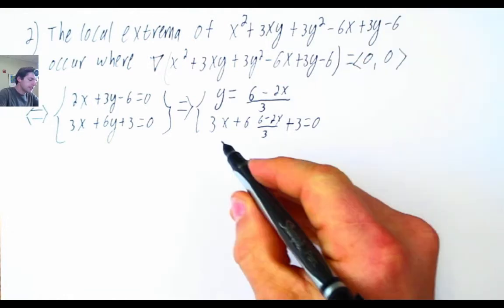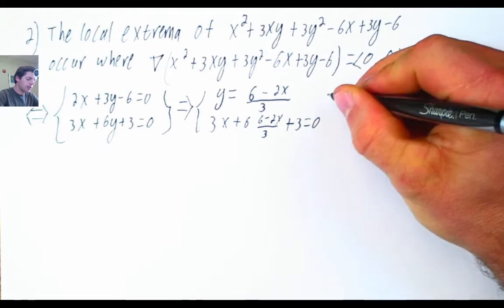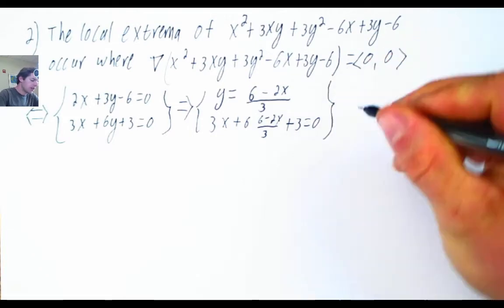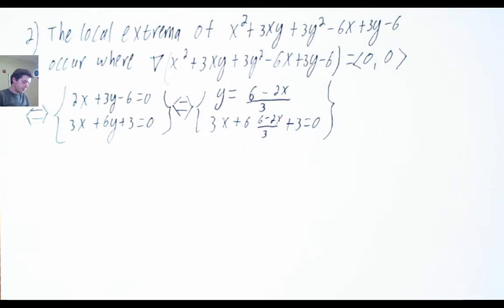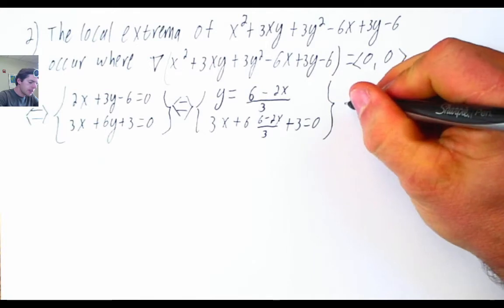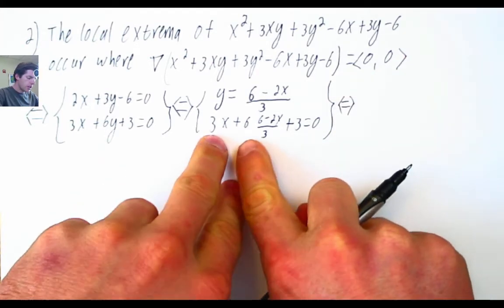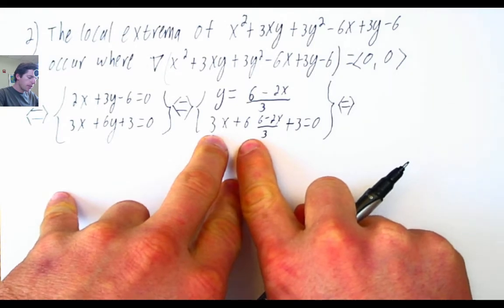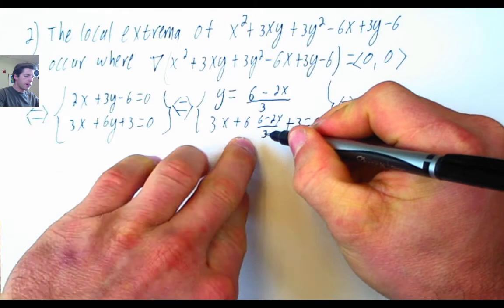Okay. Then next, since the second equation only contains x, what I would like to do is collect all of the x's. That is equivalent to the following. Now that second equation: can I do this all in my head? I've got 3 x's. How many x's are over here? So 6 divided by 3, that's 2.